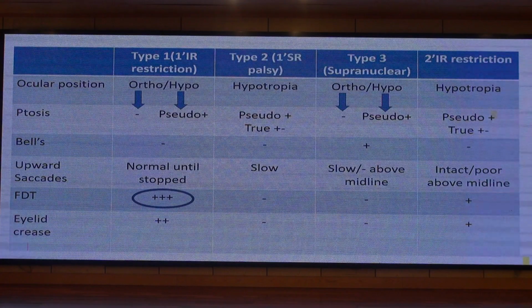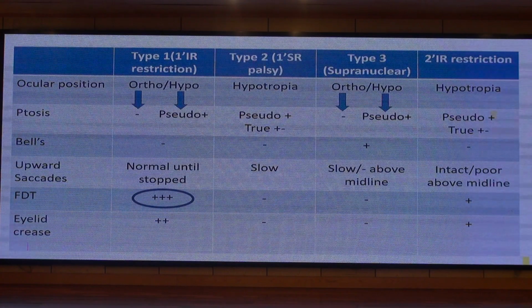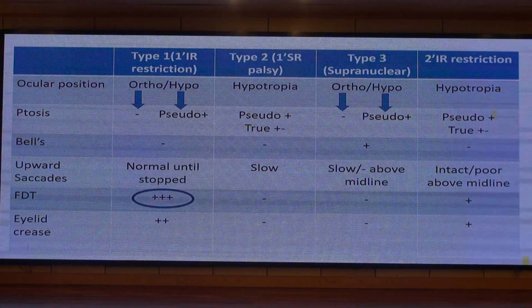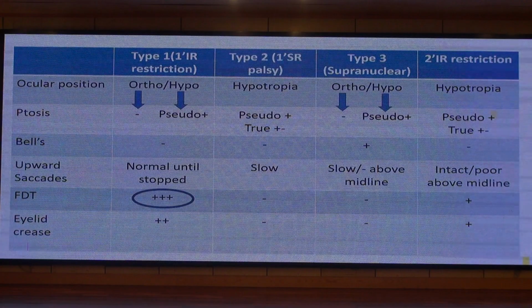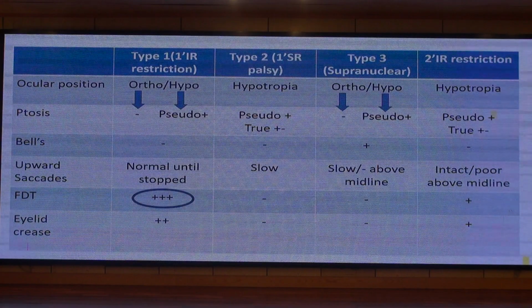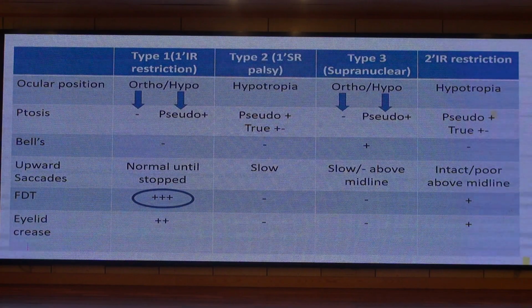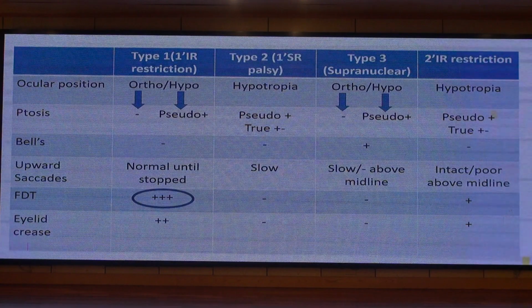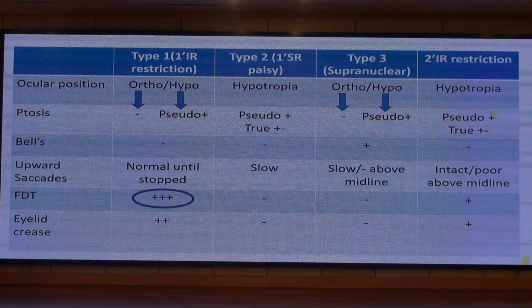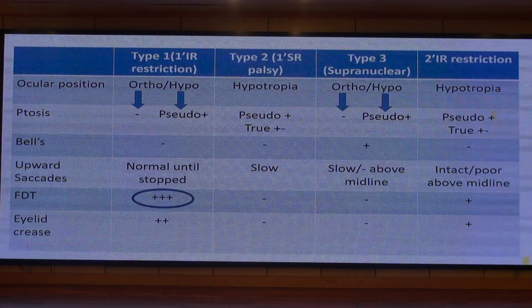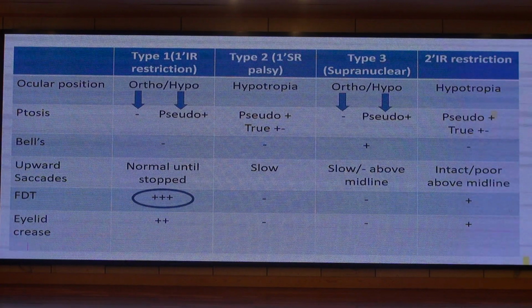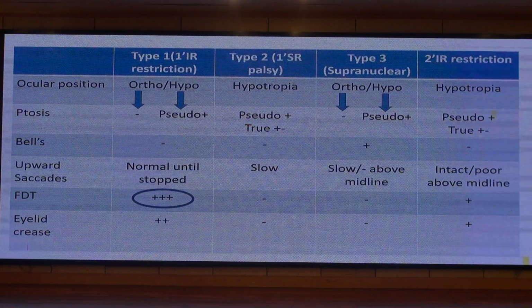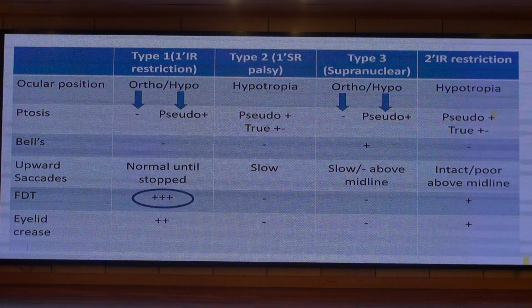In type 2, the forced duction test is free and upward saccades are slow, both below and above midline. Bell phenomenon is usually absent. Type 3 is characterized by intact or reduced vertical saccade velocity below midline, but normal or absent velocity above midline, and the forced duction test is unlimited.